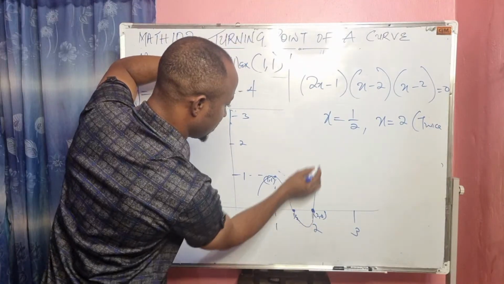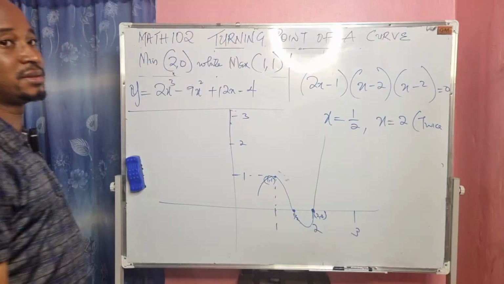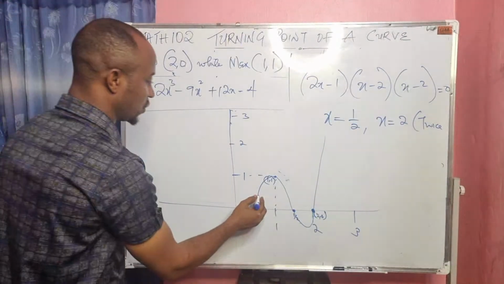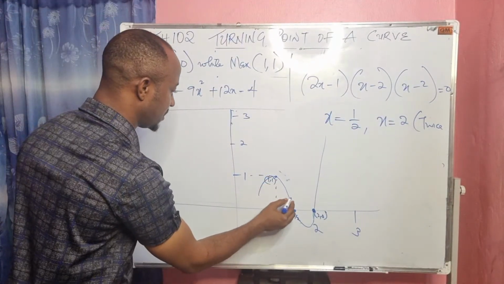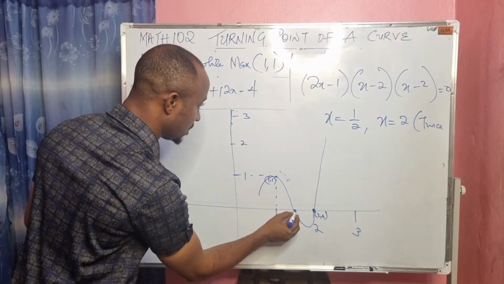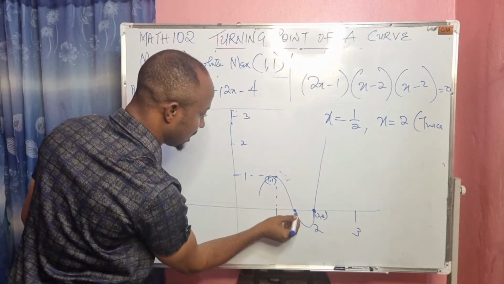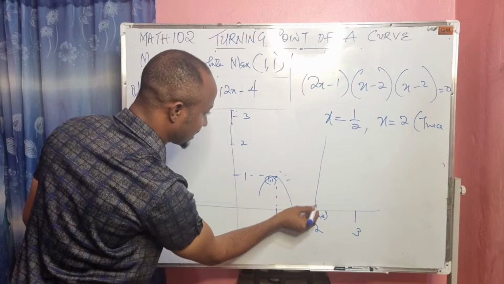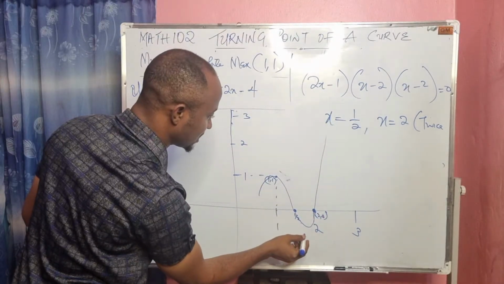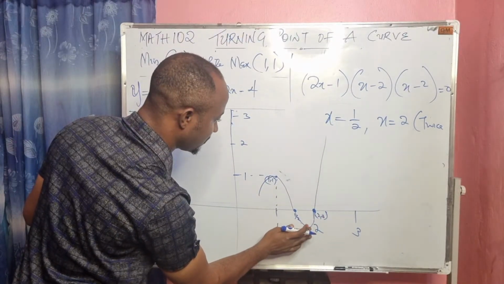It will come this way from the maximum, pass through the root 1 over 2, and curve back.